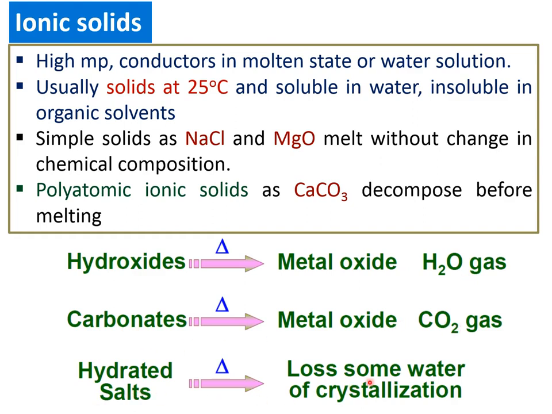Hydrated salts may lose the water of crystallization. Okay, so all of these are ionic solids, and they have the same features, but they differ in the way they behave when heated, according to the nature of the atoms present.